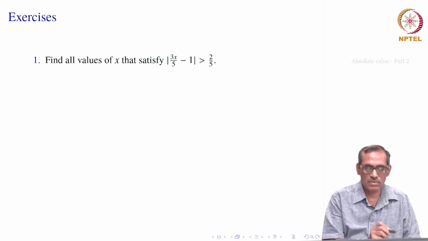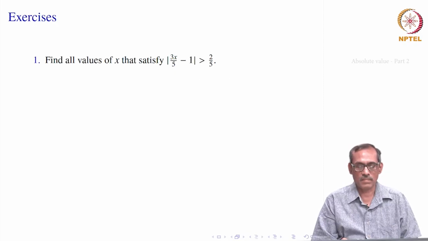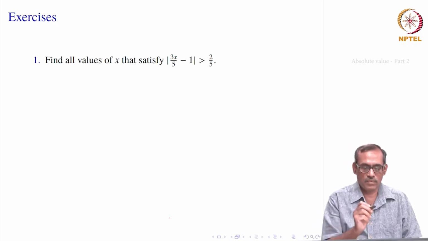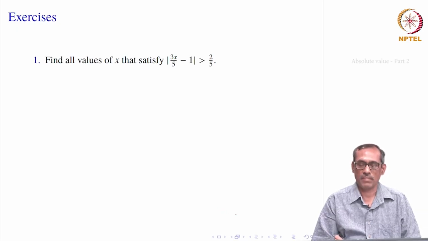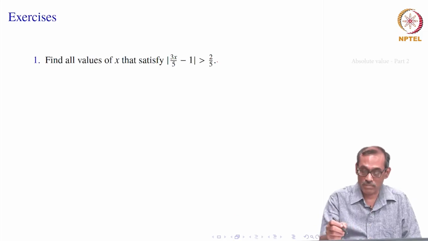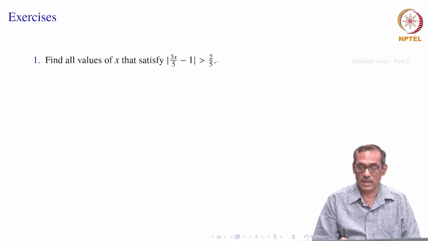Now, let us use what we have learnt. The question is, we have to find all x that satisfy this inequality: the absolute value of 3x by 5 minus 1 is greater than 2 by 5. Again, you can square both sides and do it, but we have learnt better. So, what do we do?